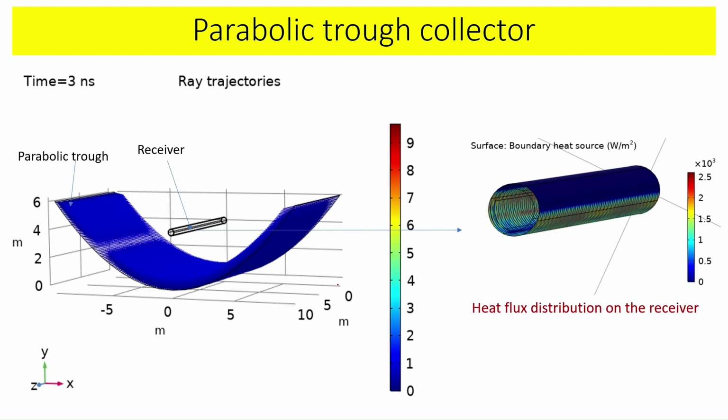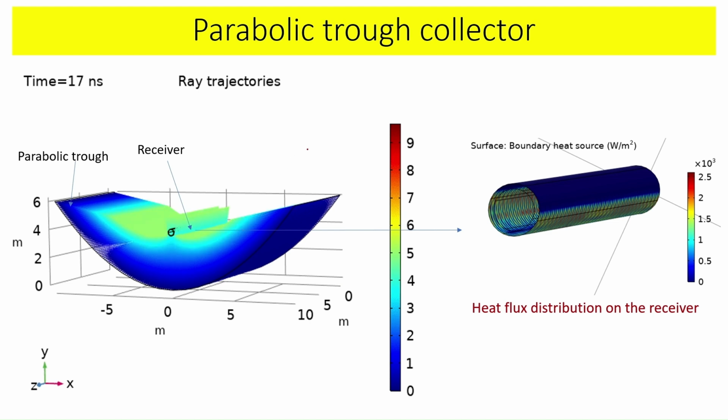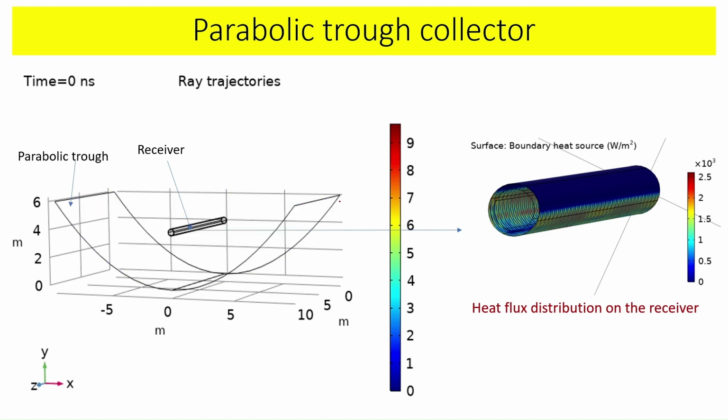Then this is one of the line concentrating types I discussed initially. There are two types of concentrating technologies: point concentrating and line concentrating. This is a line concentrating one where there is a parabola, and this parabola has been extruded.